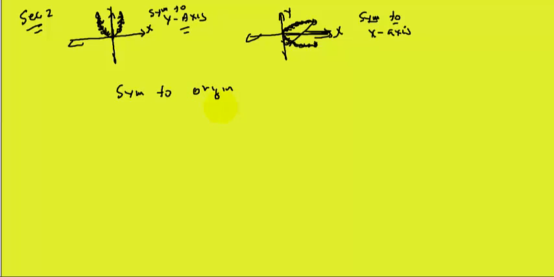Symmetric to the origin means that when you have a graph like this, this is symmetric to the origin because these y values here are exact opposite of the y values that I have here. So when that happens, it's symmetric to the origin.